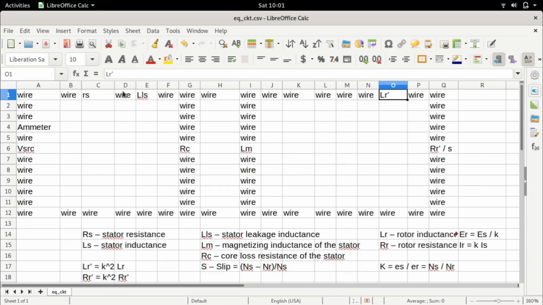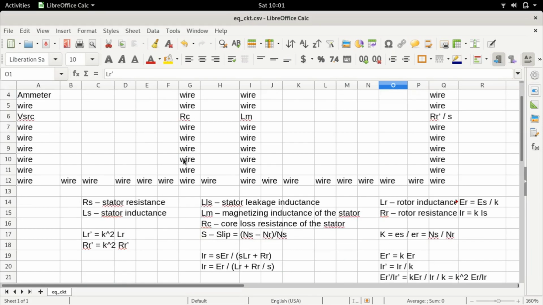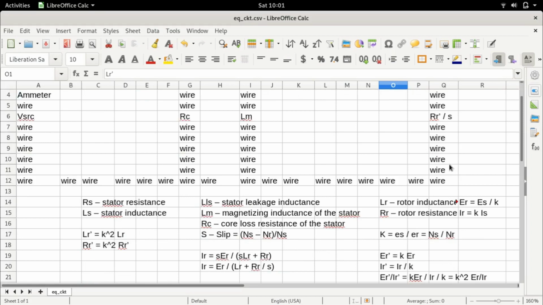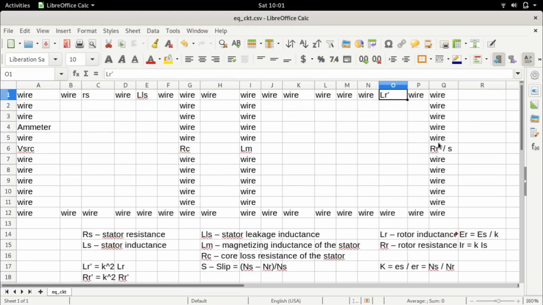So if the motor is a 240 volt 50 Hz motor, we would apply 240 volts AC supply to the stator. That is the rated voltage. And we would leave the rotor in the no-load condition. So we assume that this motor has no load. Of course, it has some basic load because the rotor itself is a load.